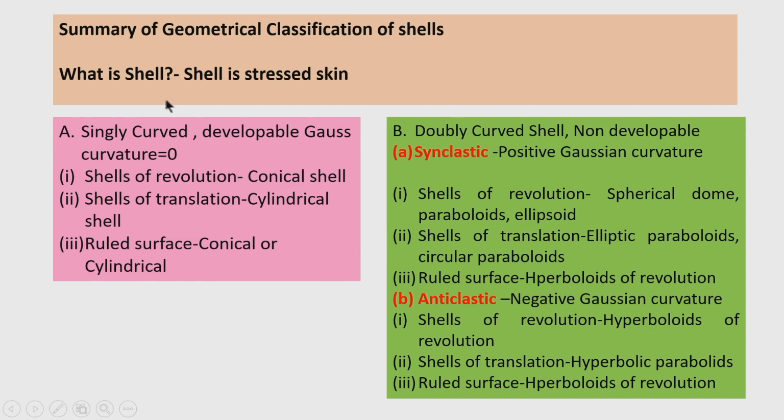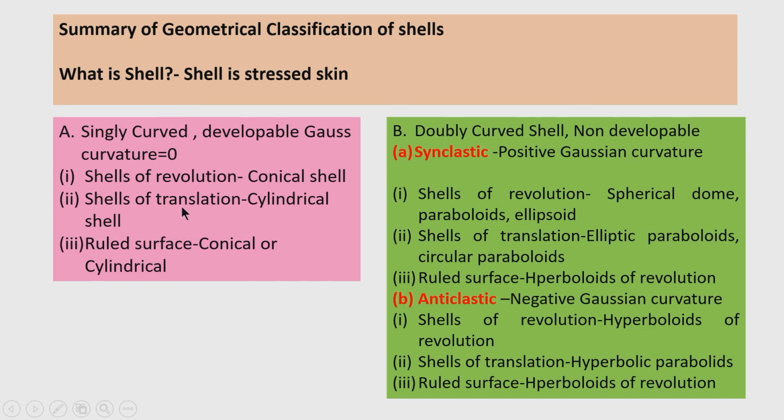So, in the singly curved shell, the surfaces that are formed are developable surfaces and the Gaussian curvature is 0. That is the characteristic. In doubly curved shell, the surface is non-developable and the Gaussian curvature may be positive or may be negative. Shells of revolution are one type, conical shell or spherical dome, all are shells of revolution.